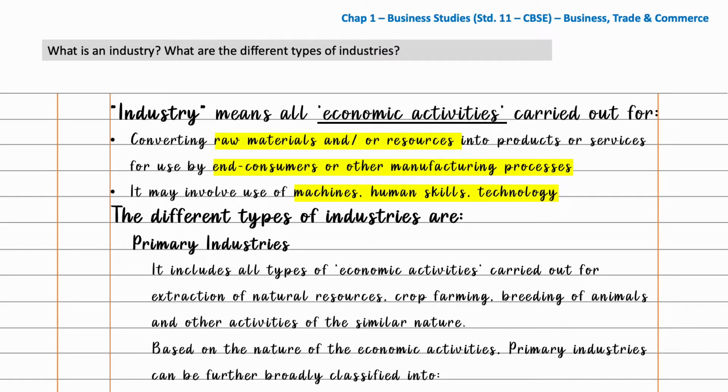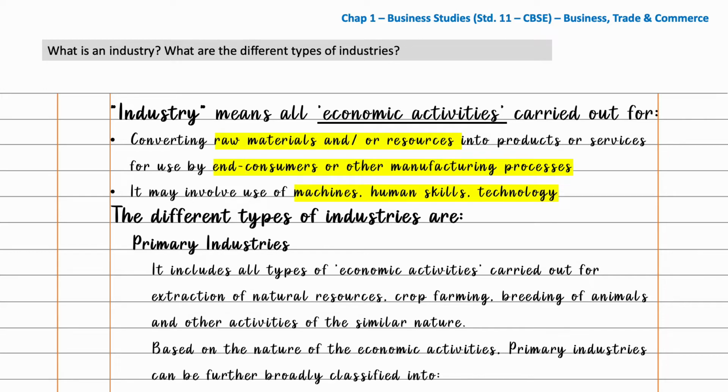And the second part would say that it involves use of machines, human skills, and technology. So very clearly, if you are imagining a factory, a factory is making some kind of a product, and the other part is that the factory is full of laborers and machines.